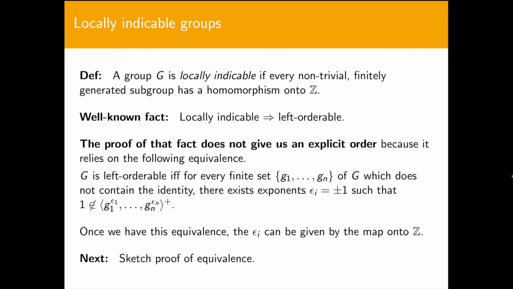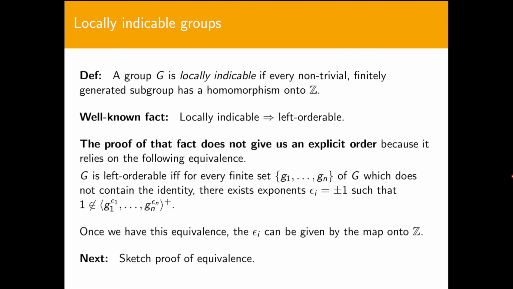G is left-orderable if and only if for every finite set g_1 up to g_n of G, which doesn't contain the identity, we have exponents epsilon_i such that 1 is not in the semigroup generated by g_1^{epsilon_1} up to g_n^{epsilon_n}, where those elements that generate the semigroup are just g_i or g_i inverse, right? So now, once we have this equivalence, the epsilon_i can be given by this map onto Z that we have.